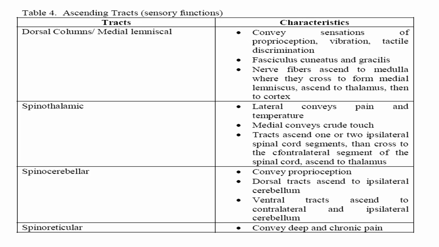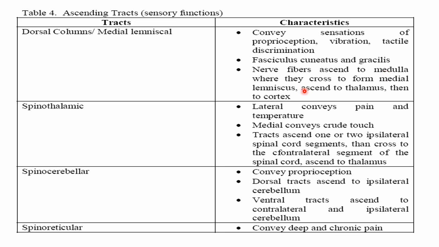So, sensory functions are assigned to different tracts. Like the dorsal column, evolution-wise, it is newly originated. It conveys the sensations of proprioception, vibration, tactile discrimination. It ascends up to the medulla, and they cross after the medulla.